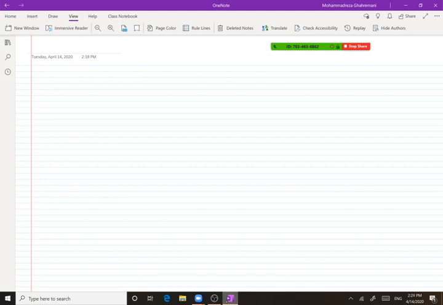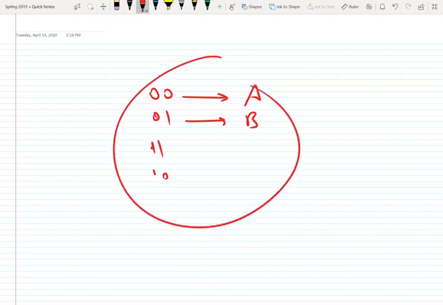Okay, the first thing we should learn in designing the circuit is state assignment. We all know what state symbol assignment is. If you remember, we assign symbols for states. So we had, for example, 00, 01, 11, 10, and we say 00 is A, 01 is B, 11 is C, and 10 is D. This is state symbol assignment.